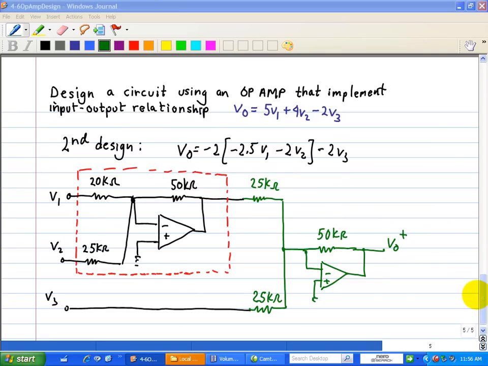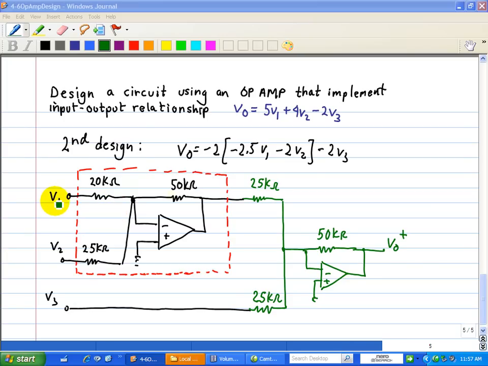So here's our circuit realization using op amps. For the one in brackets, it's implemented in this dashed red line, in which we have a gain of -2.5 for V1 and a gain of -2 for V2. This is configured as an inverting summer. 50 divided by 20 is a gain, and since this is going to the inverting input of the op amp, this is a gain of -2.5.